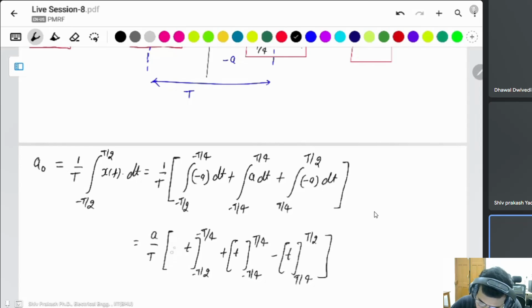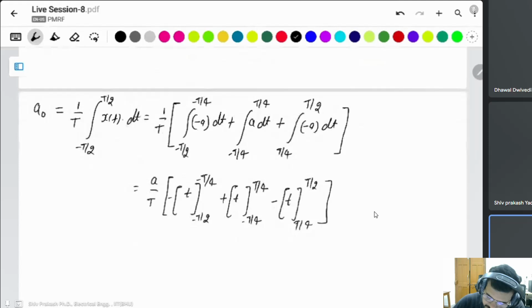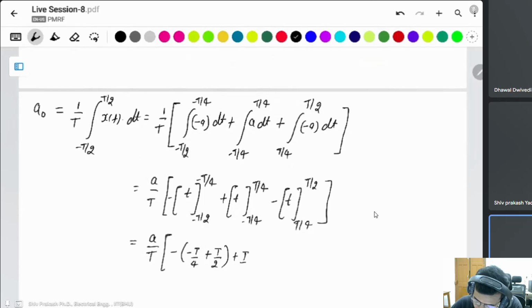You can take a negative outside of this one. Minus T by 2, T by 4. Minus will be plus T by 2, plus T by 4. Minus will be a plus T by 4.